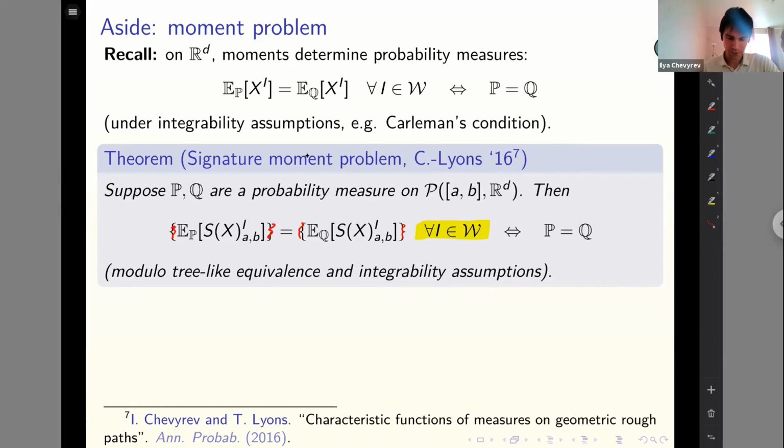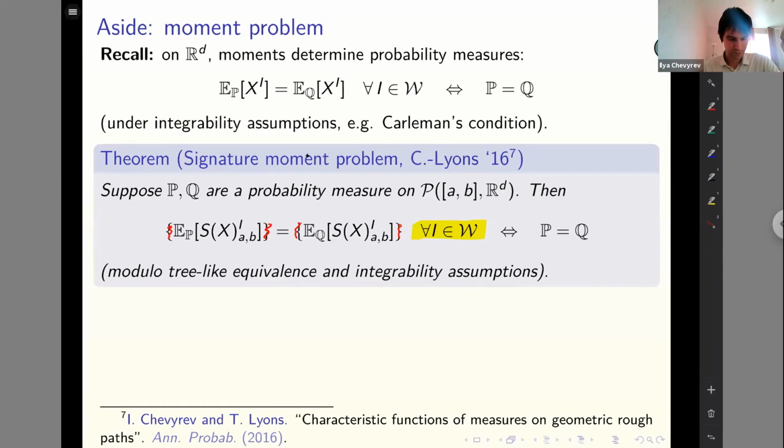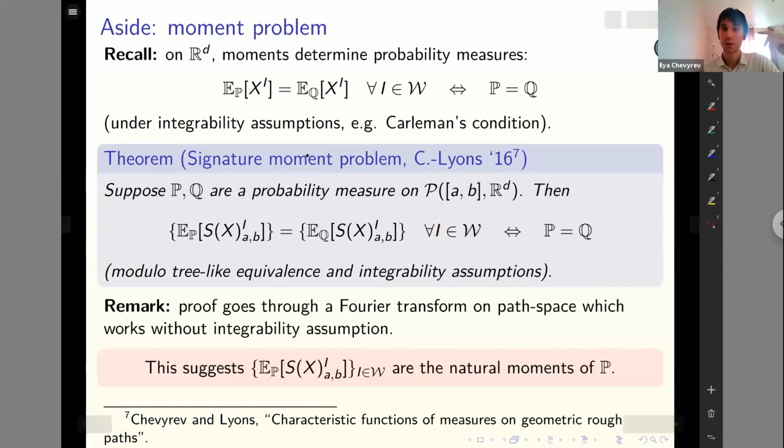Yeah, so let me just say very briefly that the proof of this actually goes through a Fourier transform on path space. So one first introduces a Fourier transform and then shows that these moments, these expectations of the signature, determine this Fourier transform. But the Fourier transform always, just like the classical Fourier transform, determines probability measures without any integrability assumptions.